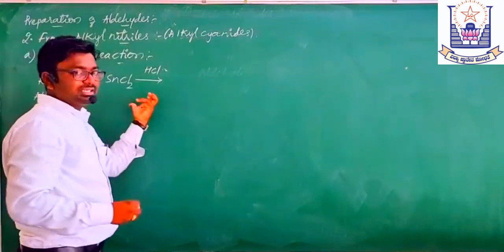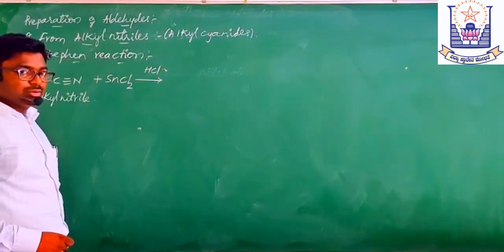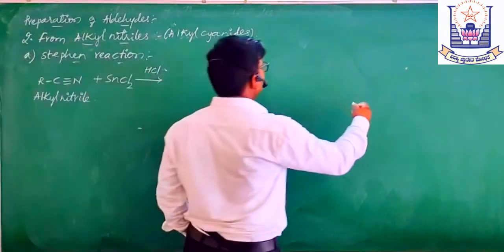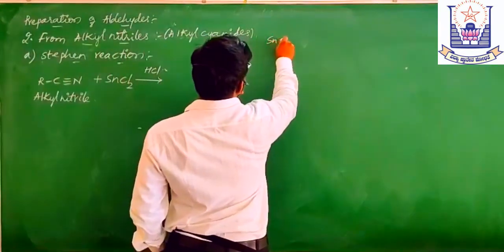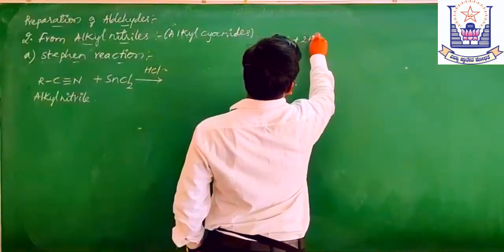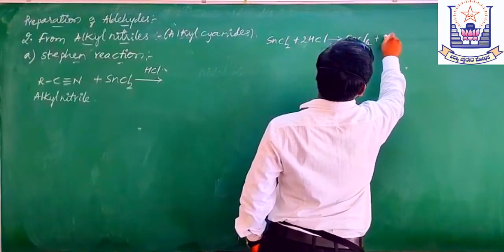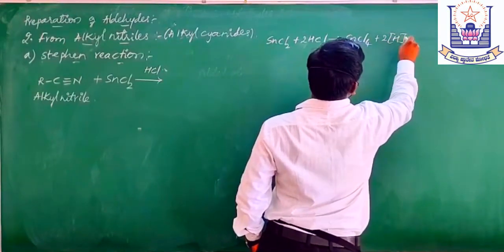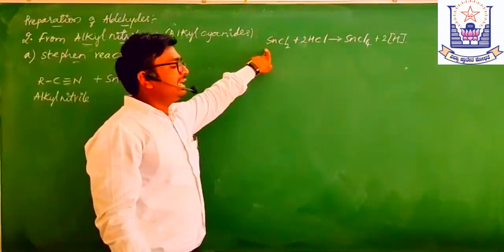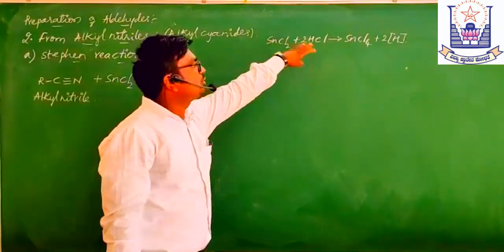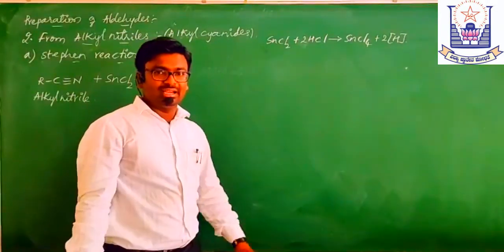This mixture generates nascent hydrogens. When SnCl2 is treated with 2 moles of HCl, you will get SnCl4 plus 2 nascent hydrogens. Here the tin is expanding its covalency from 2 to 4. Therefore, you are getting the nascent hydrogens.